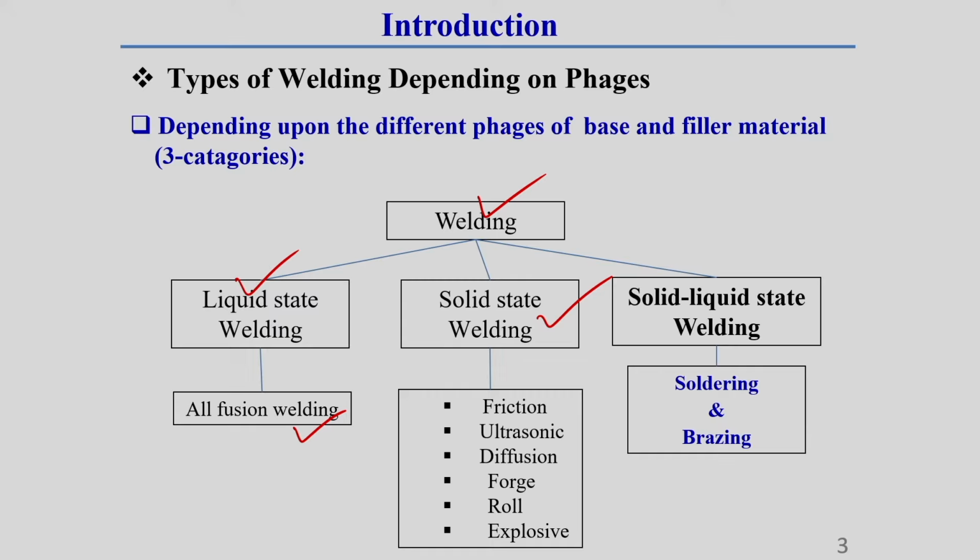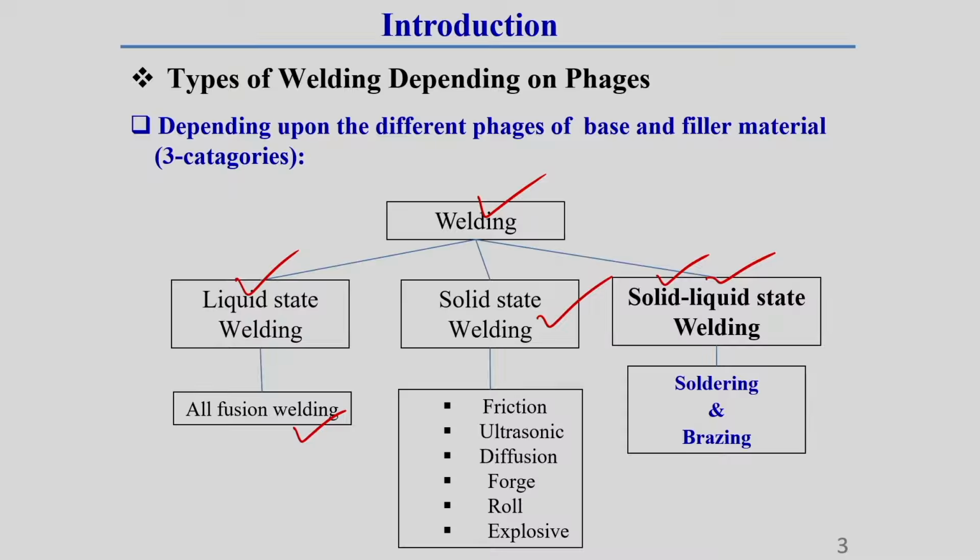But there is another type of welding process which is a combination of both solid and liquid state welding. Here one part of that welding technique is in liquid state and another part is in solid state. We should know which part is in solid state and which part is in liquid state.